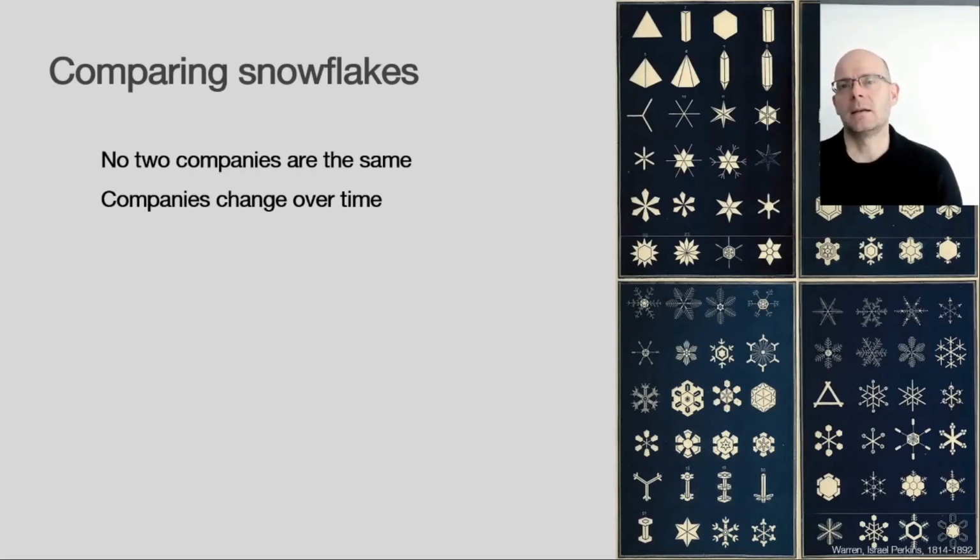So what we discovered the graph is really useful for is the ability to compare snowflakes, to compare companies based on their differences. When you take a particular company node, you can then extract the information around that network and take that as a view of that company at that point in time. And you can use that to compare that with all other companies, in spite that they are all different to this particular company and to each other.